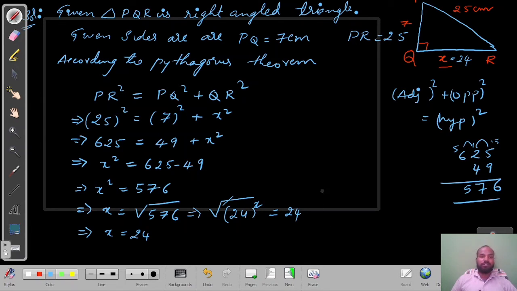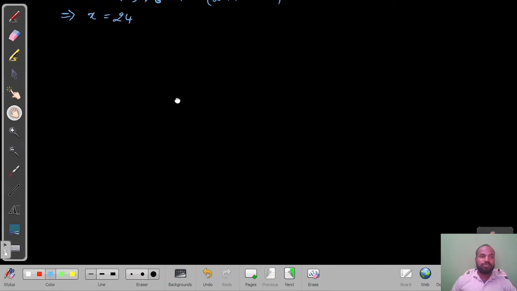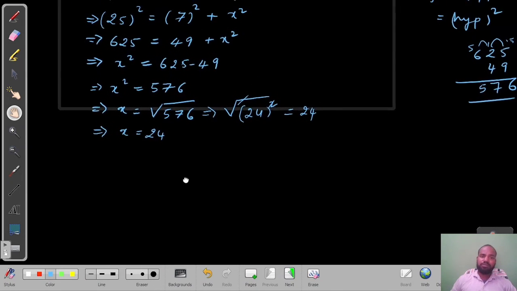We got the value. Now what is the question asking? It asks us to find tan P minus tan R. First we find tan P. One more time I want to draw the diagram, otherwise I will use the values there.